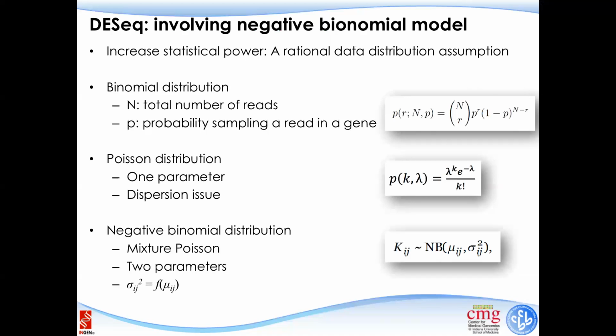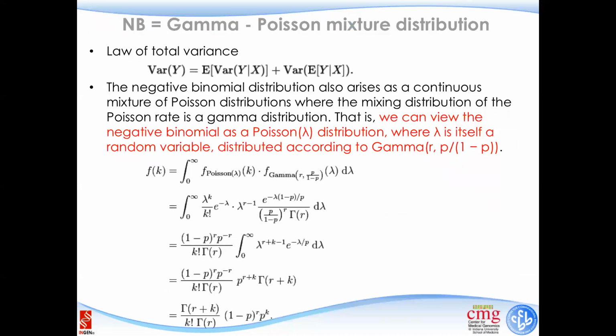So we introduced the negative binomial distribution, which just adds one parameter that makes the distribution flexible enough to allow higher variance compared to the mean. And here we get a rational derivation, or kind of an explanation: we assume lambda follows a gamma distribution across all the samples.